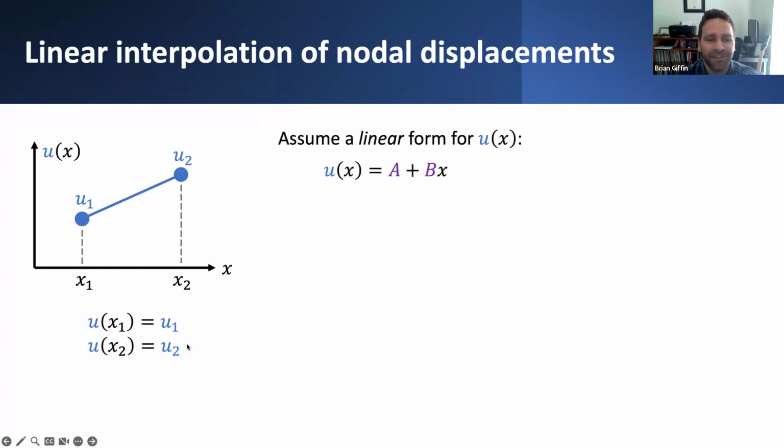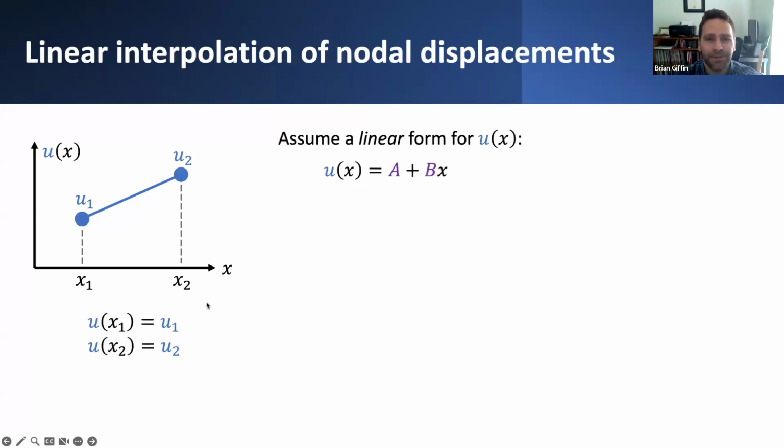I can relate these two different equations to two corresponding coefficients in some assumed polynomial interpolation of these two values. So the simplest function I can think of that passes through these two points is a linear function, and I can parameterize that linear function in terms of a constant term a and a linear term b. So I have to solve for a and b, satisfying these two equations.